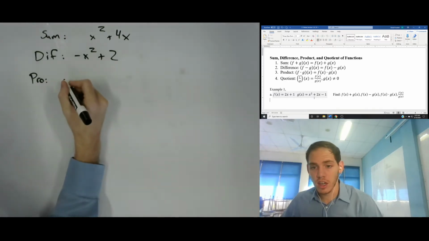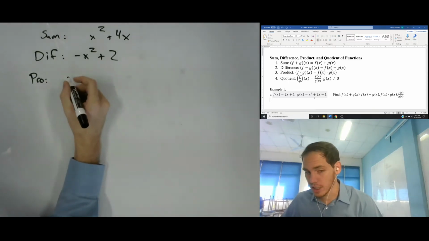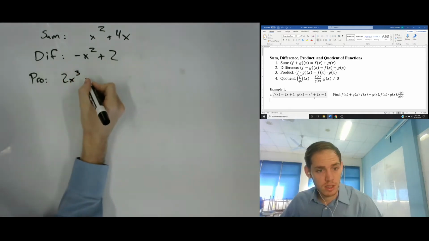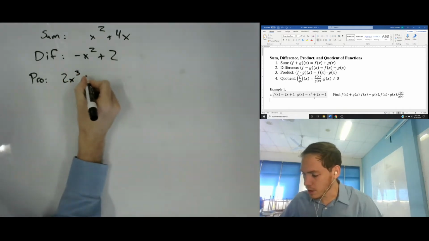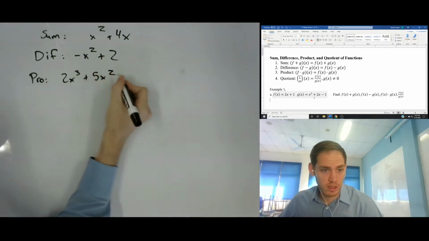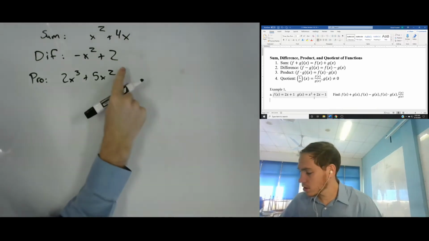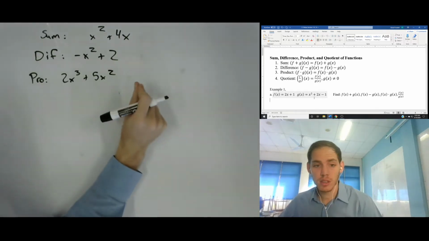For multiplication, we get 2x cubed plus 5x squared minus 1.